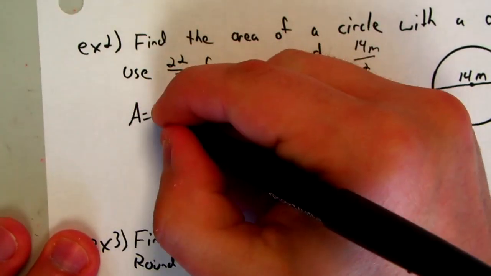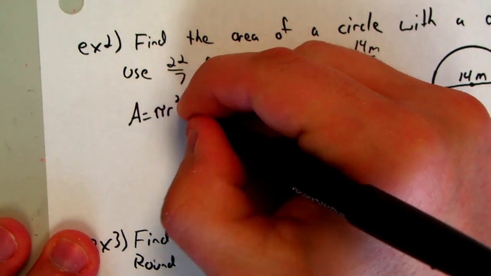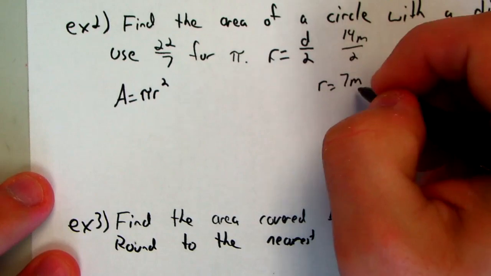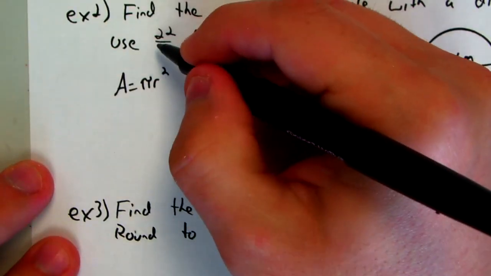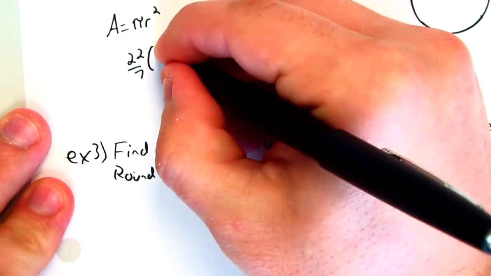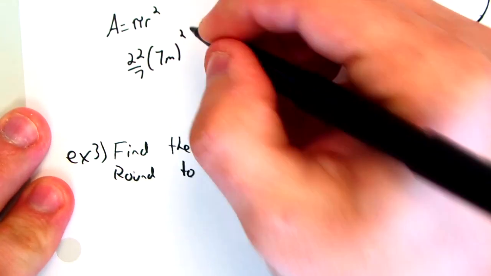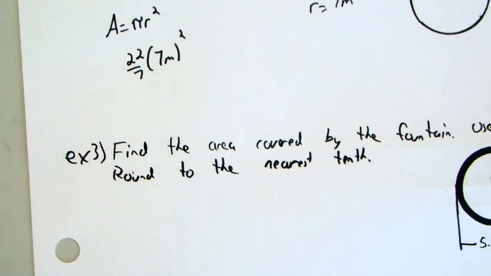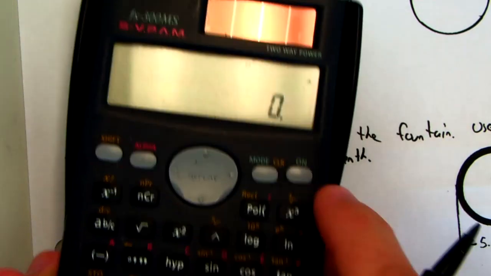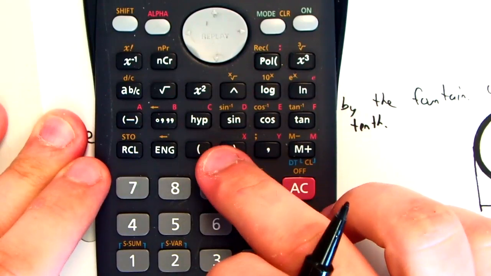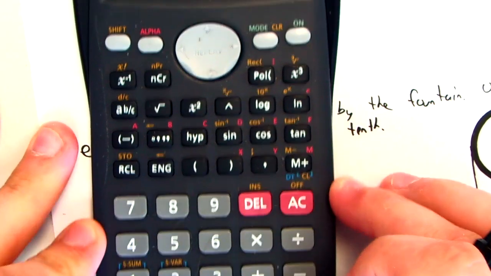So now I'm going to utilize my formula. A equals pi r squared. I'm going to substitute 7 in for r and 22/7 in for pi. So it's going to be 22/7 times 7 meters squared. So if I utilize my calculator now, right here on this calculator is the parentheses.